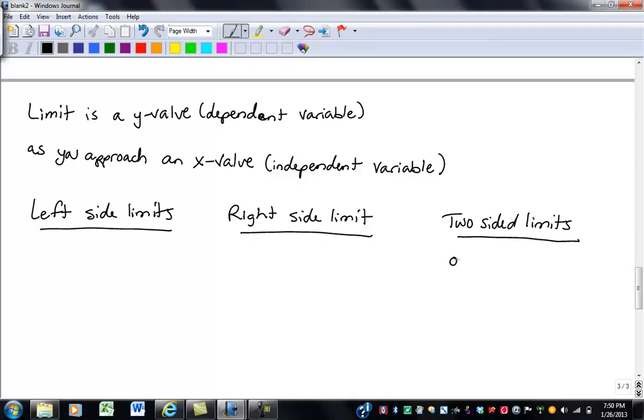So the way to remember this is the two-sided limit only exists if the left side limit is equal to the right side limit.